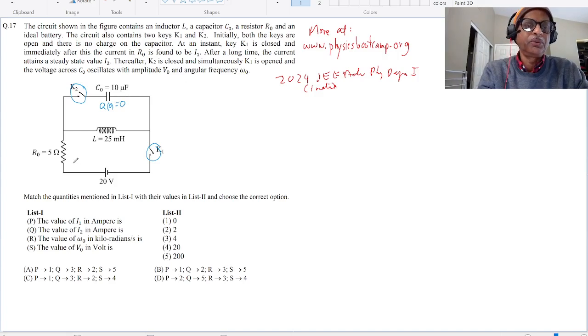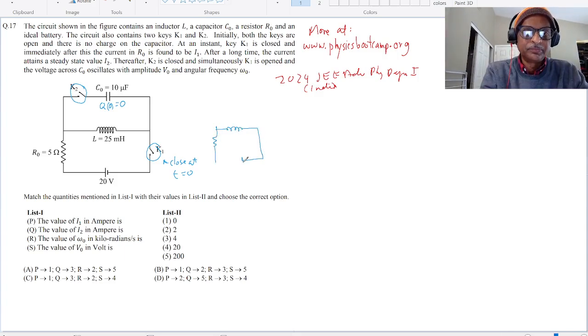Then when you close this key at t equal to 0, and the other is open, you have this circuit initially. So K1 was closed.